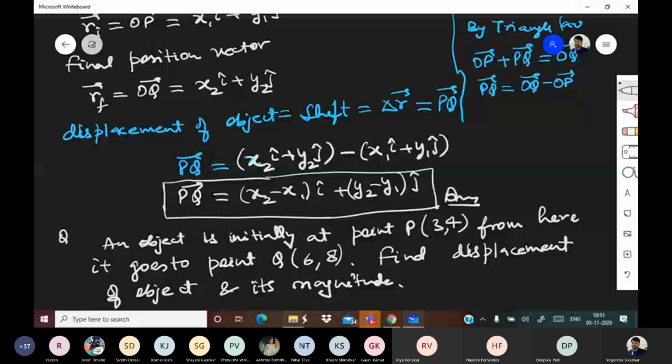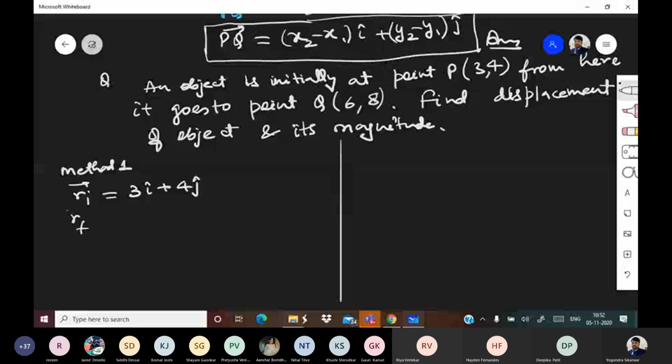Okay. So you can solve this question in 2 ways. Let me tell you both the ways. Method 1. R initial will be 3 i cap plus 4 j cap. R final will be 6 i cap plus 8 j cap. Okay.